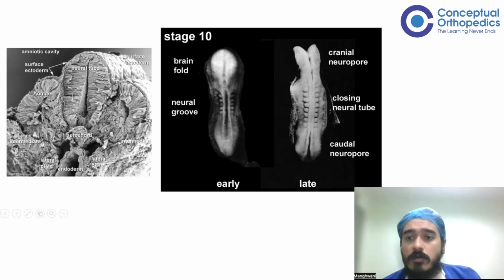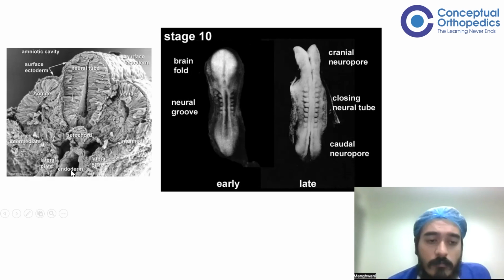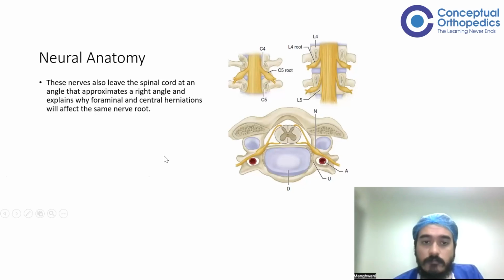So this in total forms the spinal cord overall, starting from the cervical spine and the occiput, lower down till the coccyx. If you see this microscopic structure, the notochord, the neural tube, the surface ectoderm, amniotic cavity, somites, the lateral plates, the endoderm, they differently form different parts of the spinal cord.